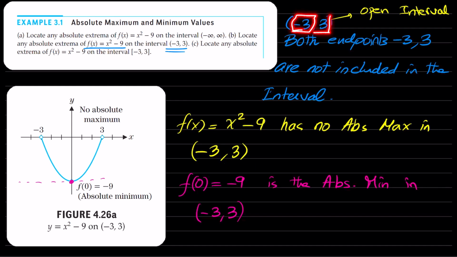The endpoints should be included when the interval is closed; when it is open, both are not included, so we can't include them. So the absolute minimum of this function is -9. In other words, our graph goes down until the point -9 and can't go beneath -9. This is what's meant by the absolute minimum.